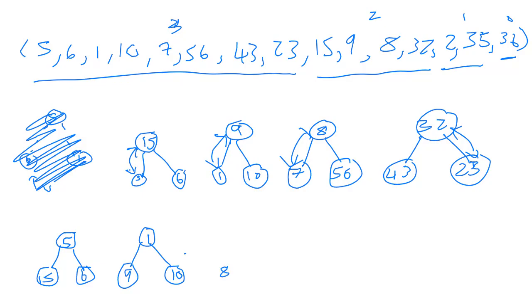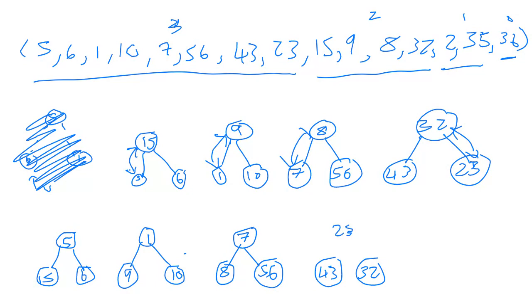Then 8 and 56 and 7. Then I've switched that 32 with the 23, so 43 remains the left child, 32 becomes the right child, and we have 23 as the root of this new heap.